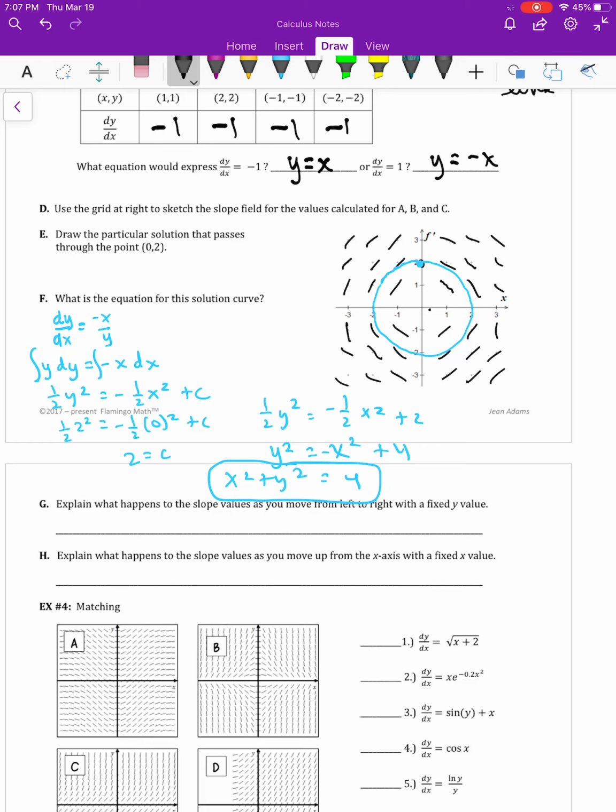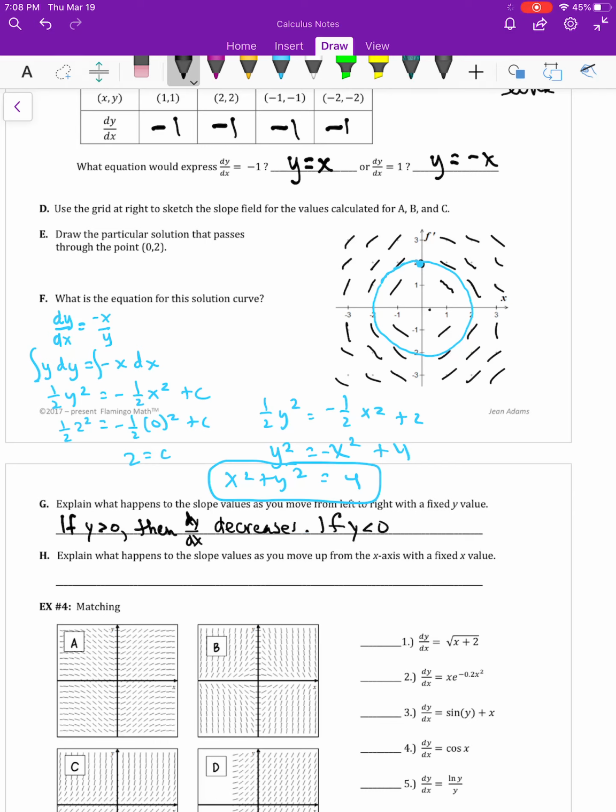It says, explain what happens to the slope values as you move from left to right with a fixed y value. For that one, if y is greater than 0, then dy/dx decreases.